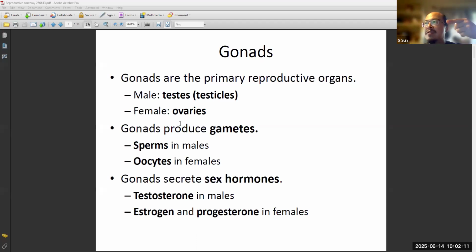Testes produce sperm, ovaries produce oocytes. These sperm and oocytes are collectively called gametes. So gametes have half the amount of chromosomes compared to your body cells.